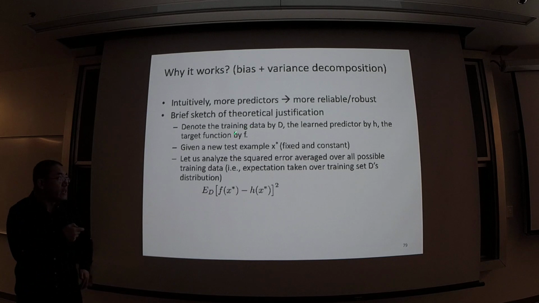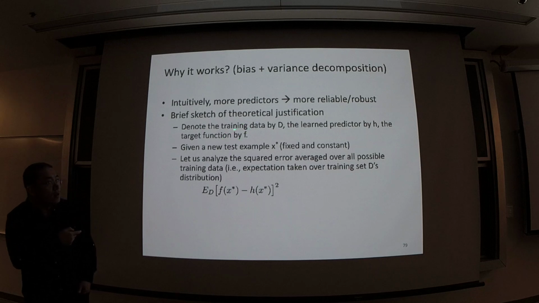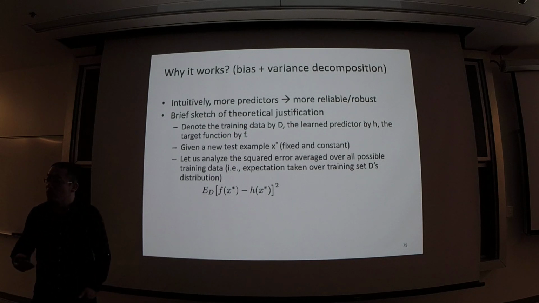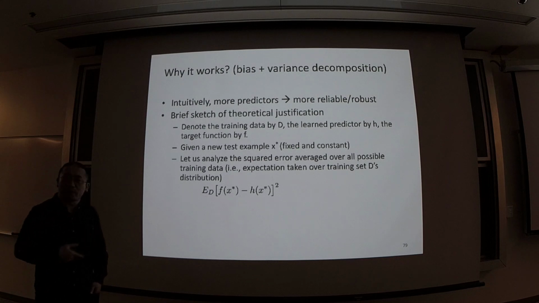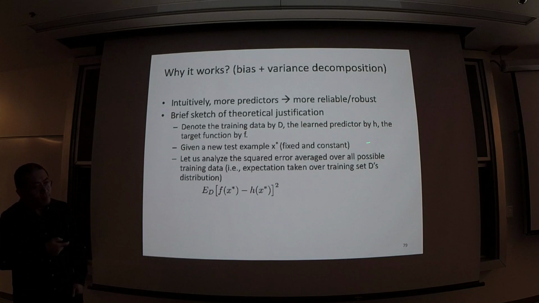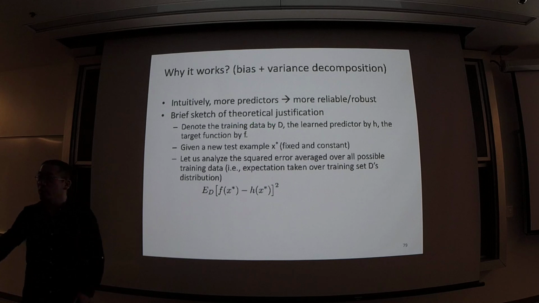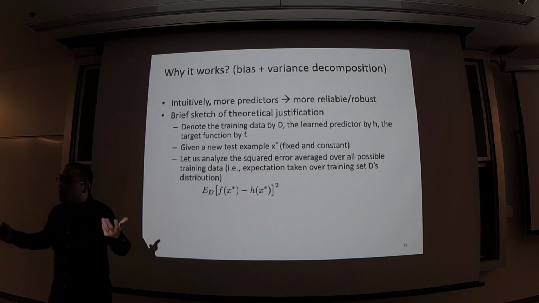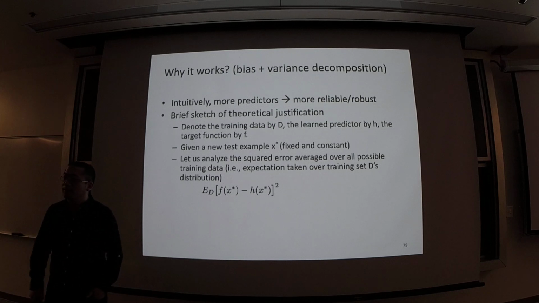Remember, training data also determines the learned classifier, right? Different training data will lead to different decision trees or whatever classifiers. So given some particular test example, how does the prediction performance of our learning algorithm, like a decision tree, vary along with the training data? What kind of properties determine the performance?